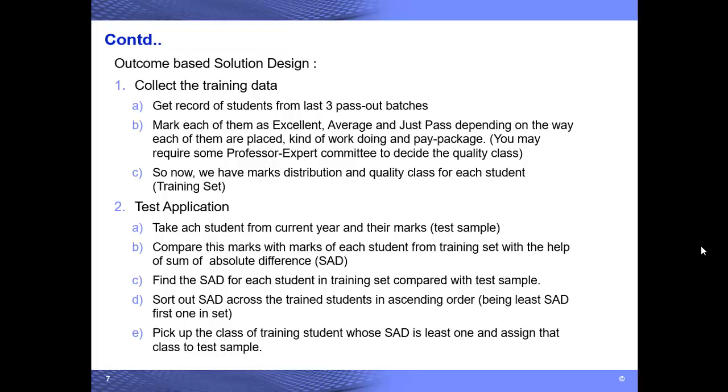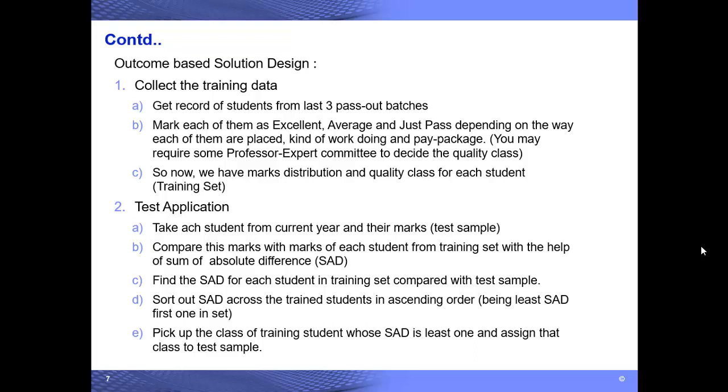Once we take a test sample, we need to calculate the distance between the test sample and each of the training samples present there, and whichever training sample has the minimum distance to this test sample, that will be the closest or nearest neighbor sample for this test sample. And that nearest neighbor sample's label will be assigned to this test sample.